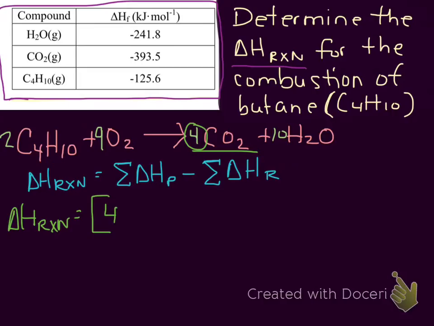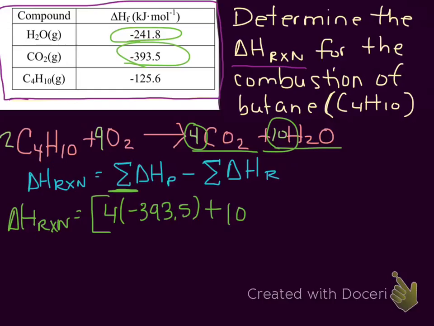So we'll do 4 times, okay, well, CO2 is negative 393.5, and this is the sum, which means to add up. So the next one is going to be our water, and look here, we have 10 waters, and each water is this value, negative 241.8.